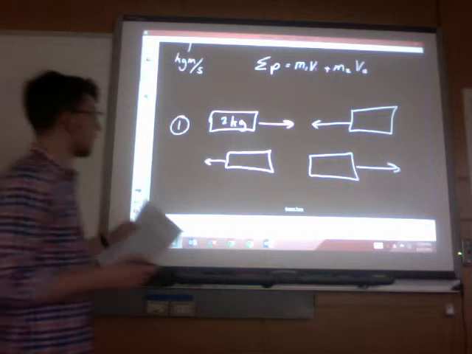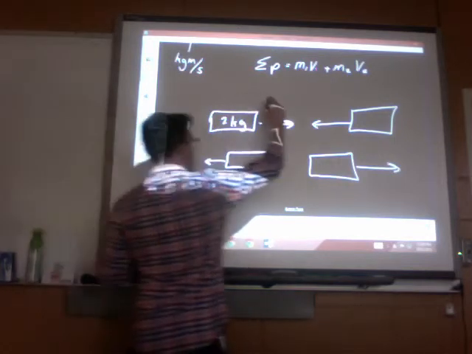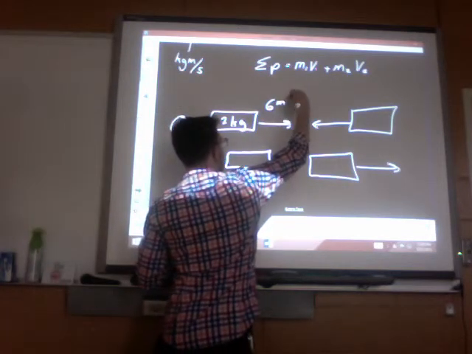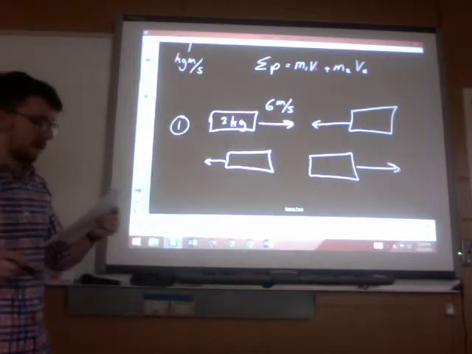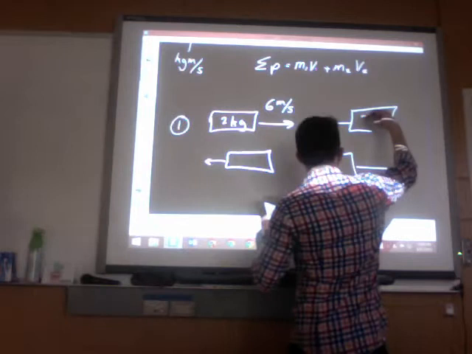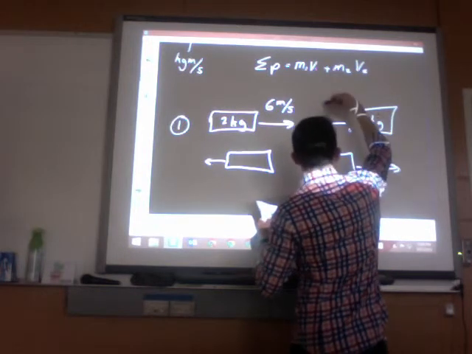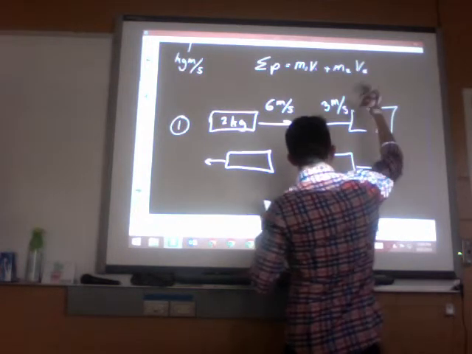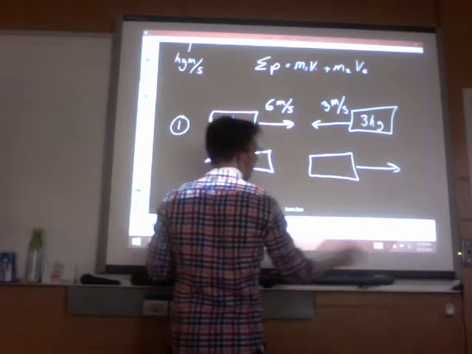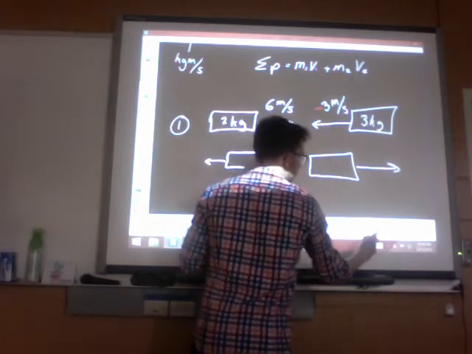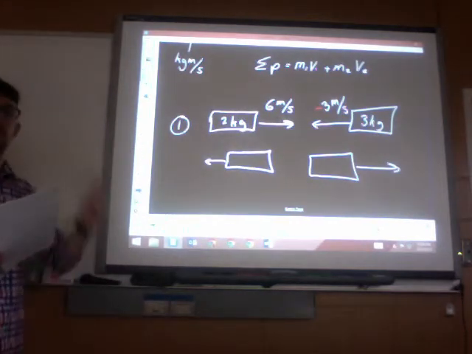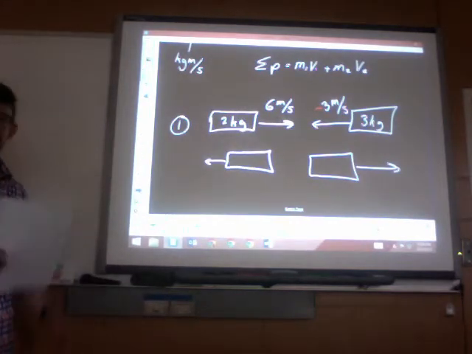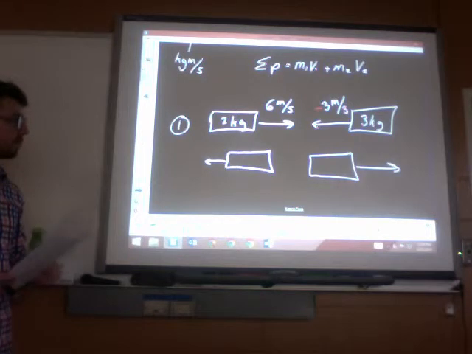So let's put those in there. 2 kilogram cart moving right with a velocity of 6 meters per second. 3 kilogram cart moving left with a velocity of 3 meters per second. Technically, we're not supposed to, well, forget about technically. Let's do what's right. That's a -3. Super important in momentum problems, not very important in future problems.